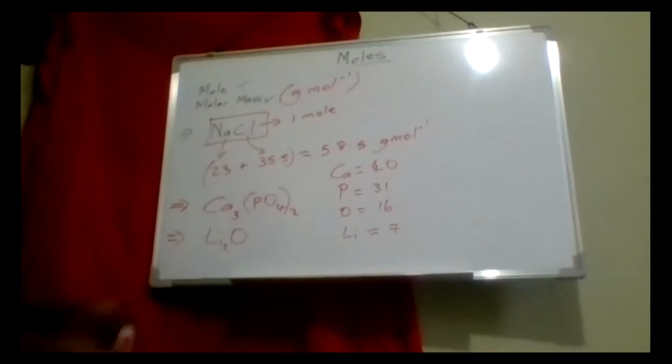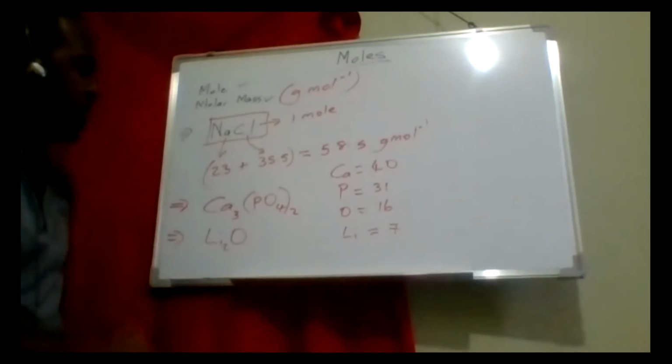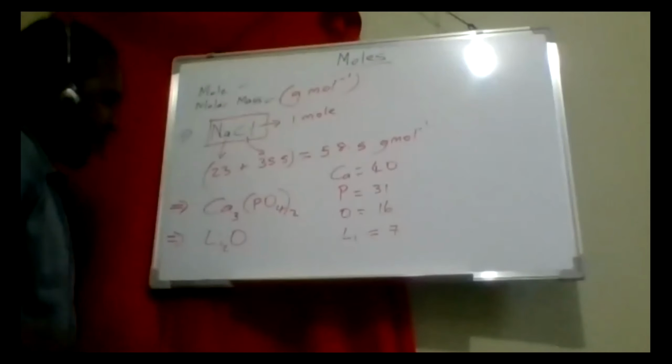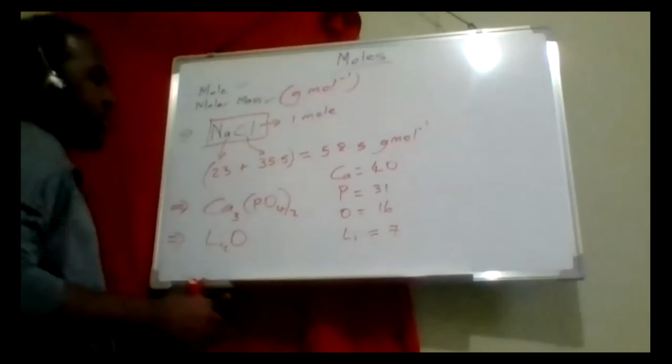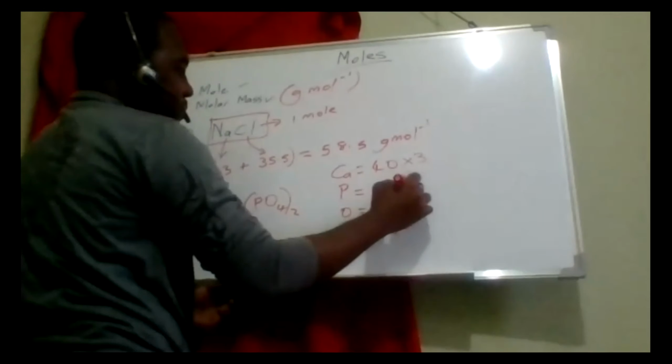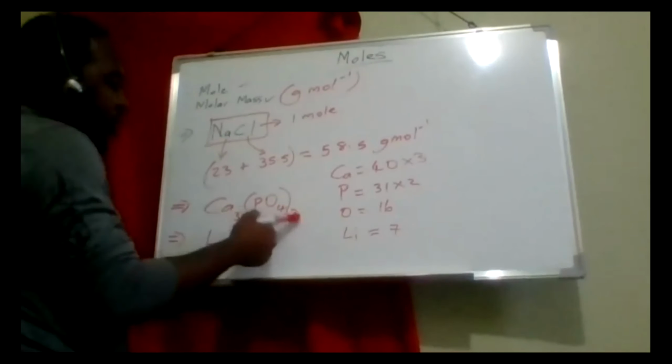First one is calcium phosphate. We notice we have 3 calcium here, so we multiply 40 by 3. P here, it's 2P, so multiply the 31 by 2. And oxygen is 4 times 2, which is 8.